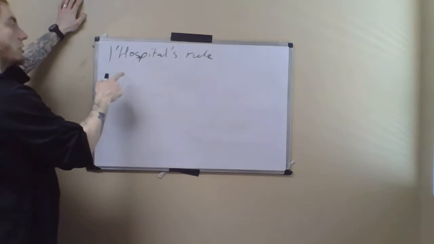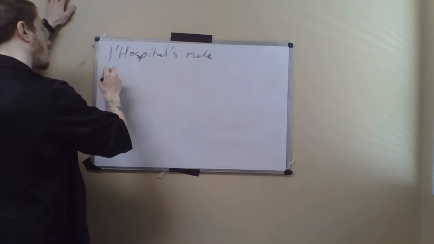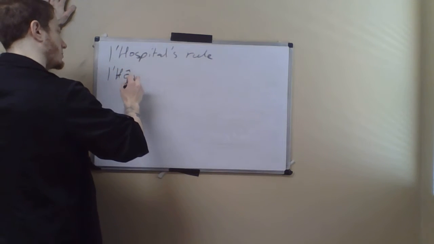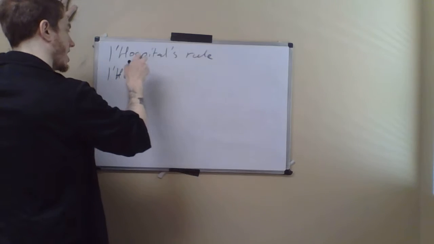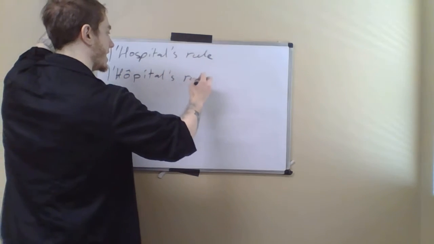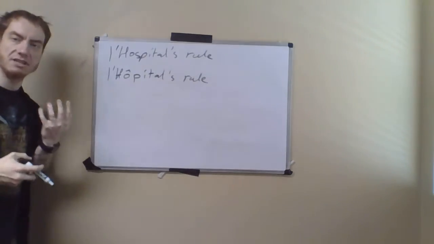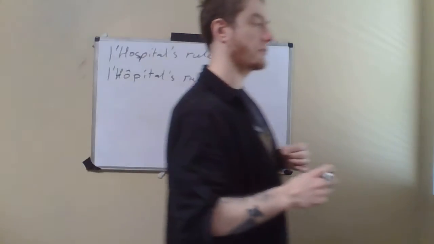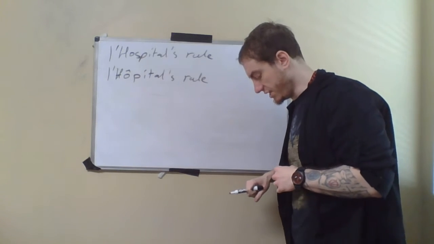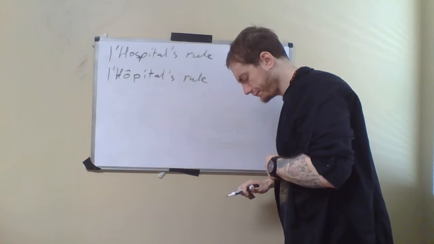It's either spelled like hospital, or it is spelled with an O with a little caret over it. I don't actually know what that is called, but it is a symbol for use in French. And yeah, so you can use that in these types of situations.